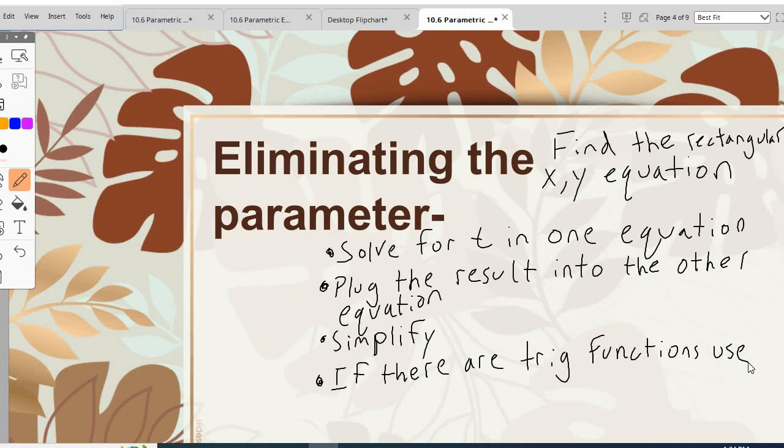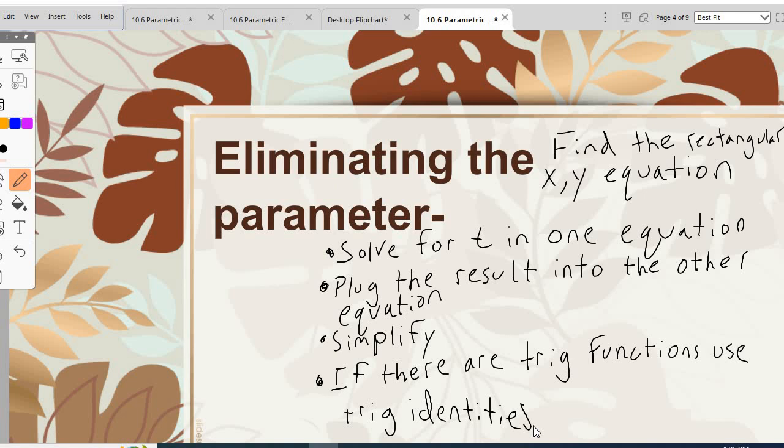So what equations or formulas did we learn that deal with trig functions, that maybe convert them from one thing to another? Identity. We're going to use our trig identities. So this unit is going to refer back to a lot of different things that we've looked at in the past. So we're going to have to delve deep into our filing cabinet of our mind to remember some of those things.